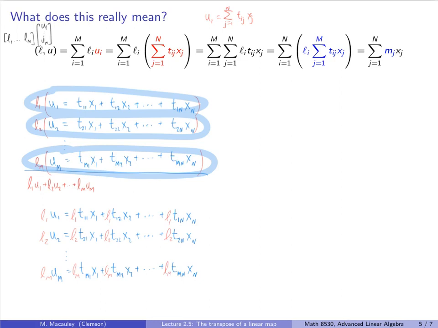Okay, and now what I want you to do is look at this not by rows, but by columns, like this. Instead of adding up a linear combination of these rows, we'll add up a linear combination of these columns.